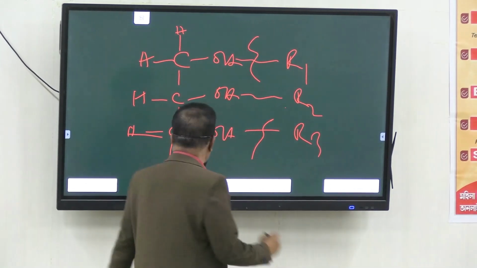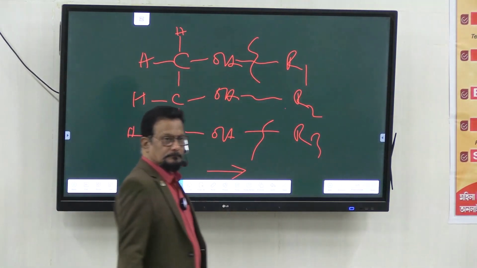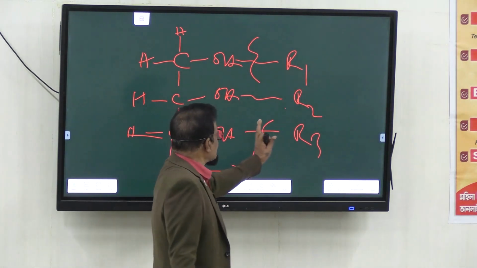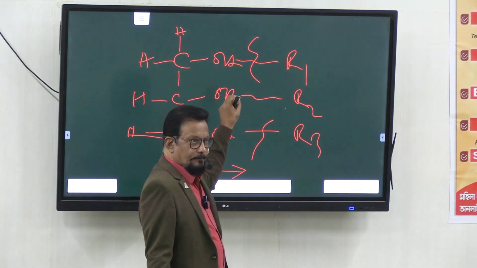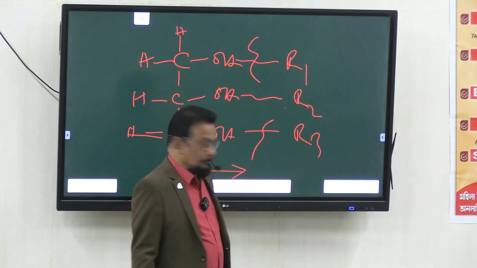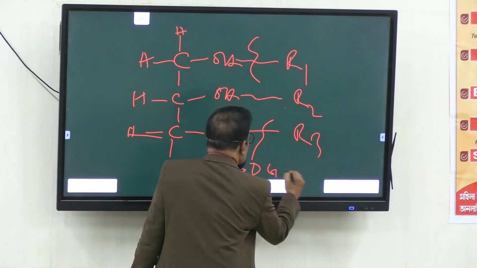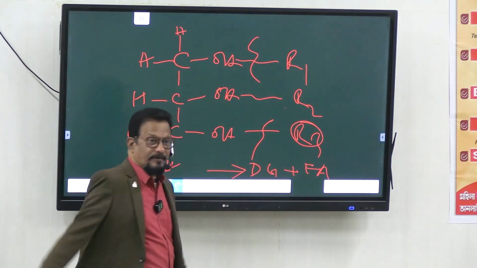So what will be the product? This was a triglyceride. Now this is separated, so the product will be diglyceride plus a free fatty acid.